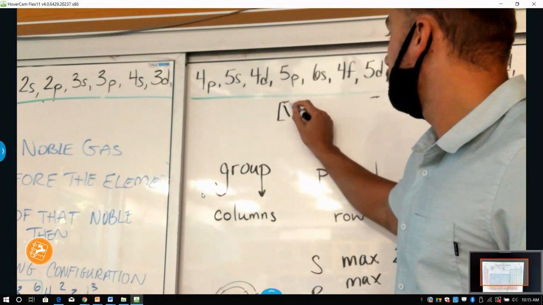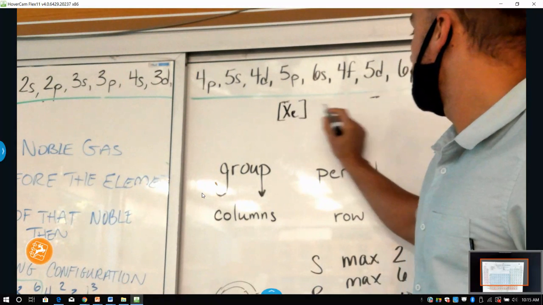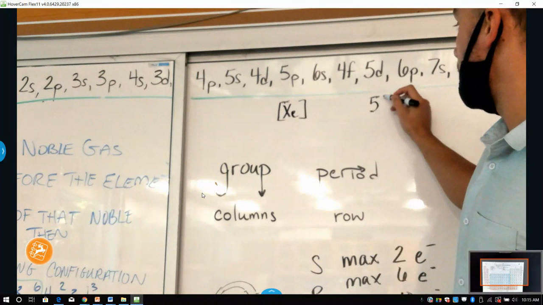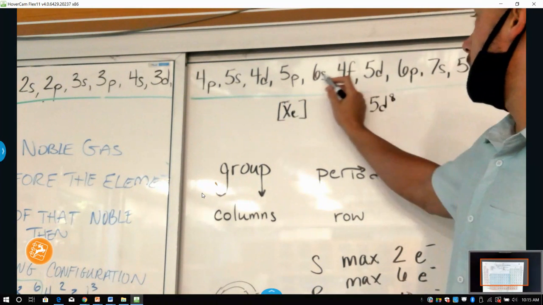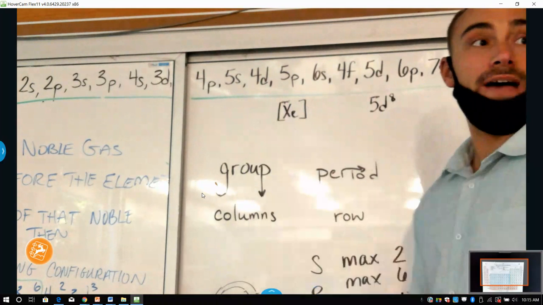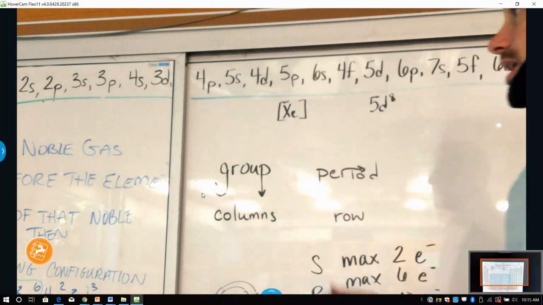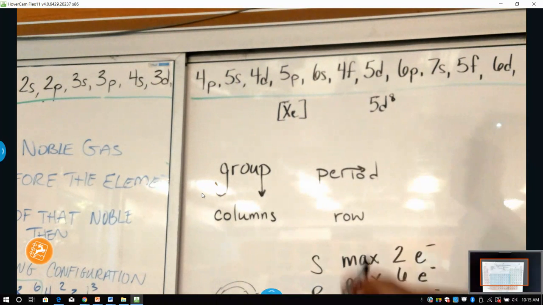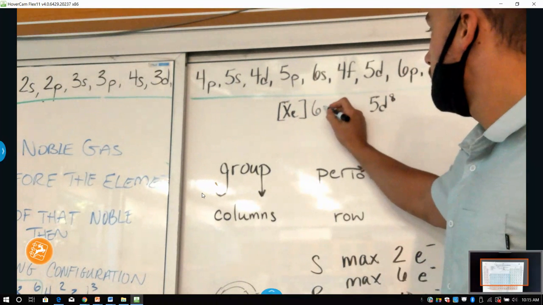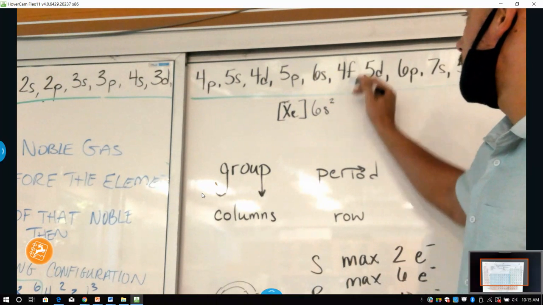So to get to what we need of 5d8, everything that is in between those two has to be filled. To fill an s block, how many does it get? A maximum of 2 electrons. So we would have 6s2.